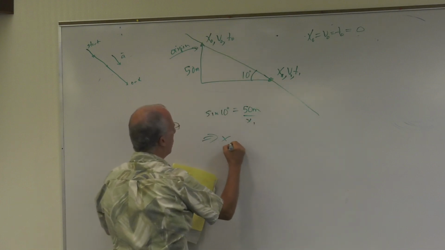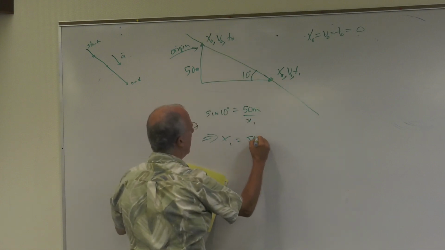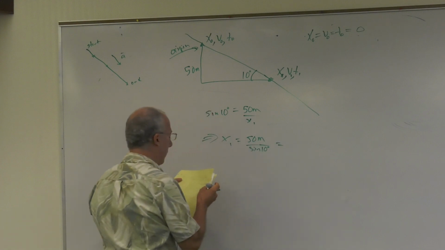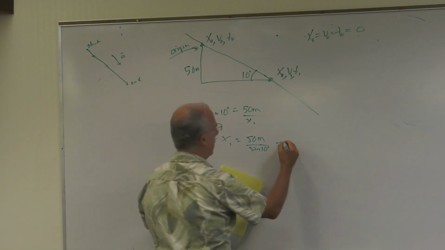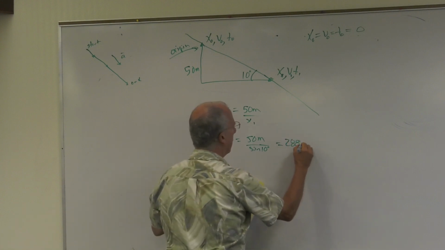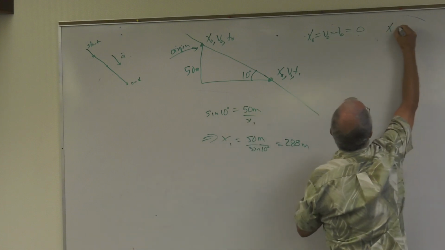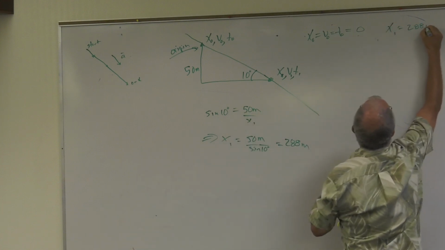Therefore, x1 equals 50 meters over sine of 10 degrees, and that is equal to 288 meters. So x1 is 288 meters.